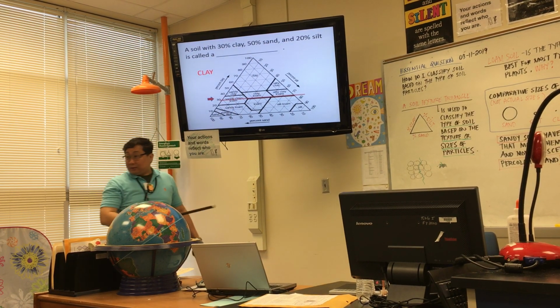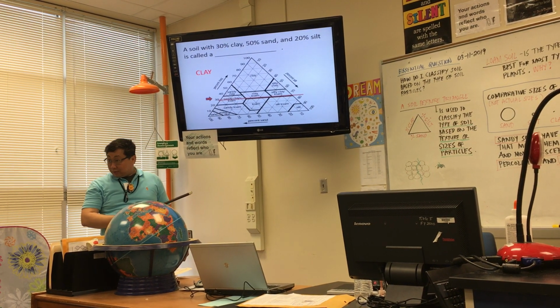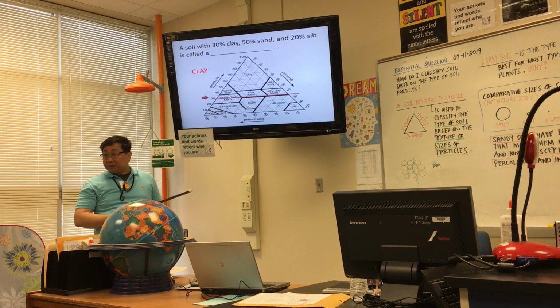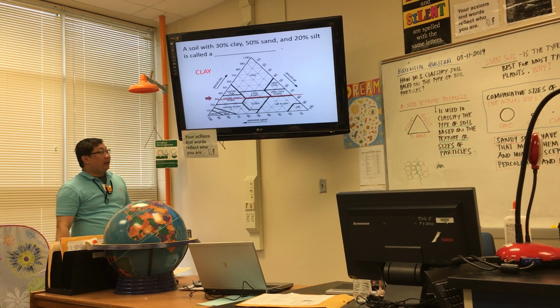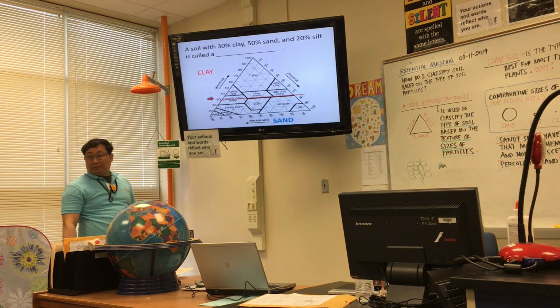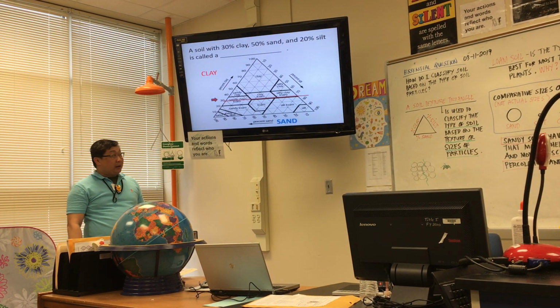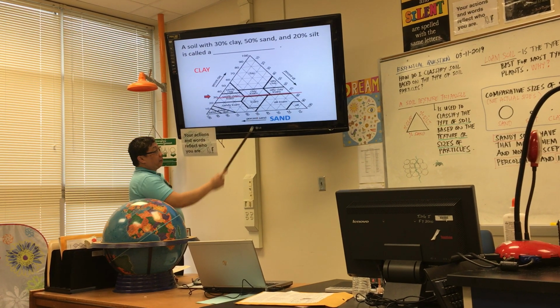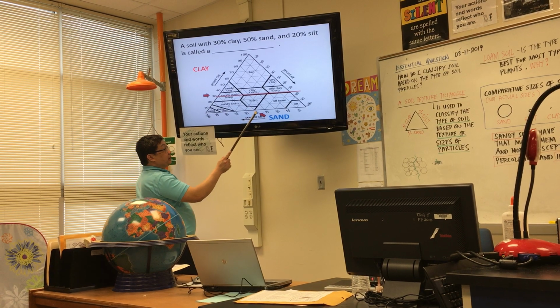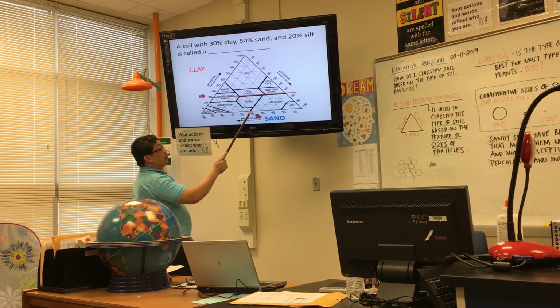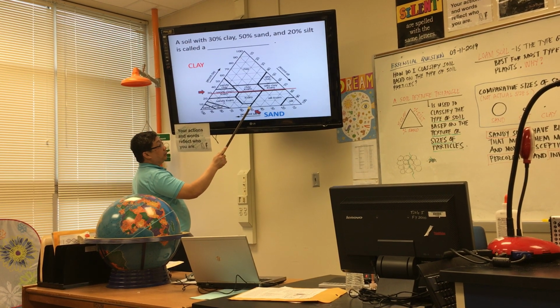Now, the second one is sand. How many percent, Brandon? How many percent of sand? 50%. And the sand is at the bottom. See that? Now, 50 is right here. You see this line here. There's only one line of choice here.